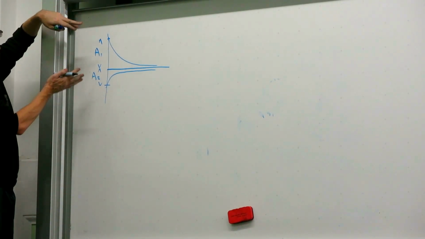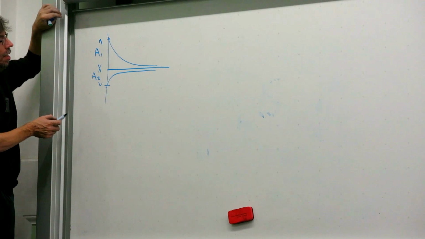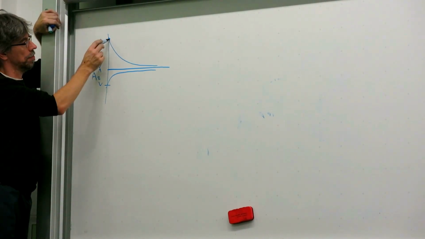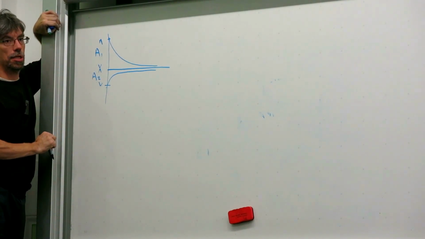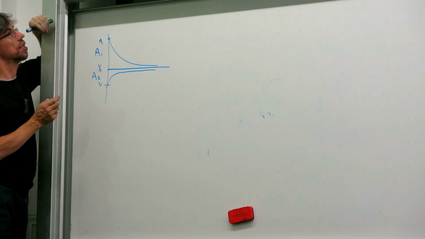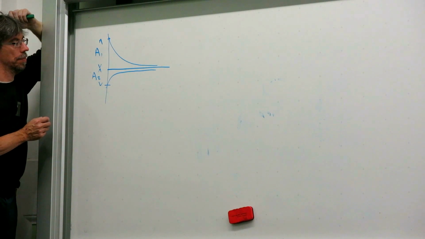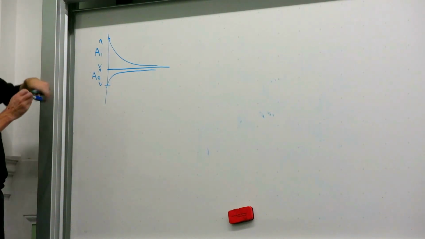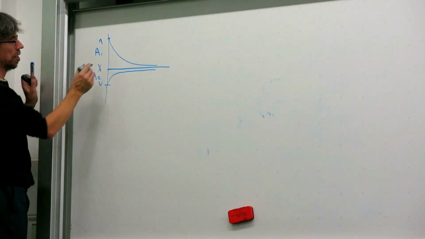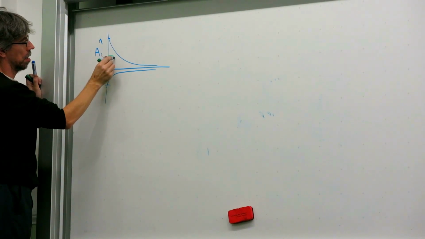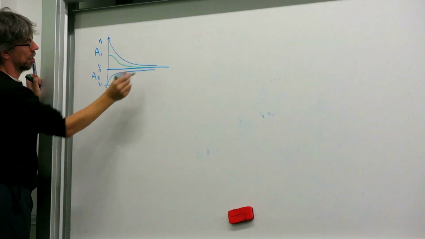So the initial values give you the initial value of Q. And the gradients at t equals 0 must be equal and opposite to give an initial gradient of 0. So if we had those two added together, it looks something like that.